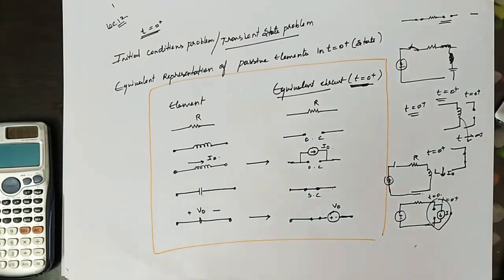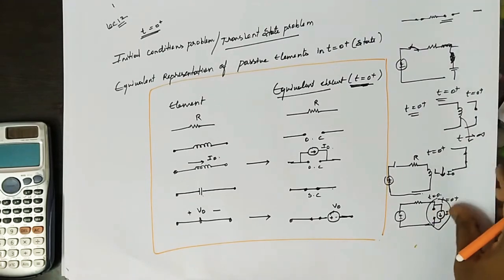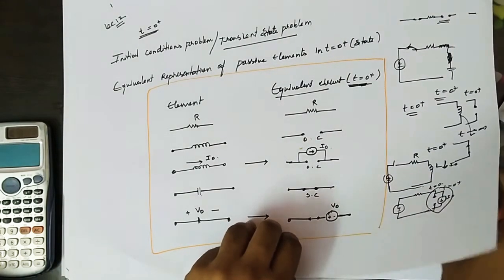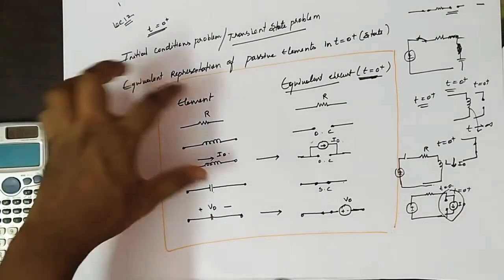Now let us solve one problem based on that, with a switch immediately acting. I will be using these equivalent circuits for solving. Now the question is: the circuit will look like this.